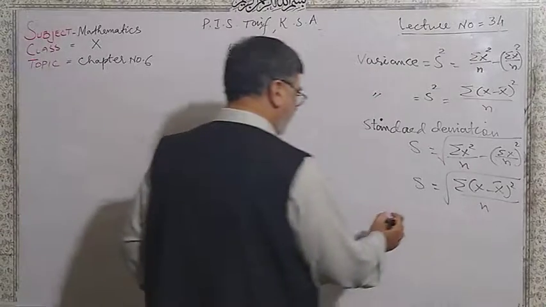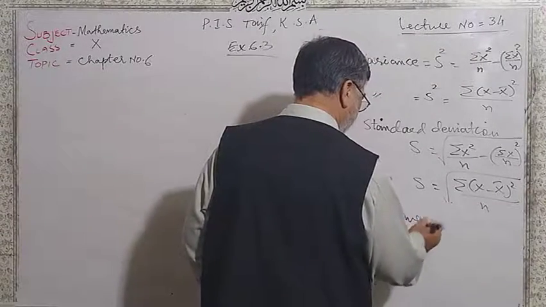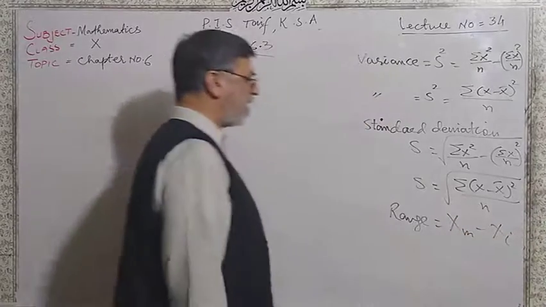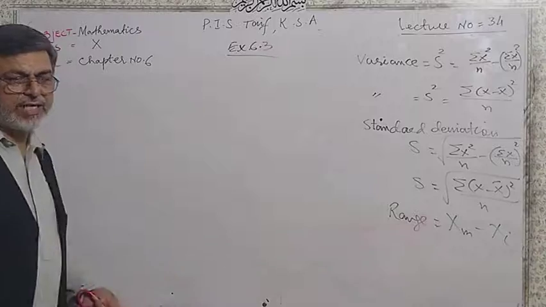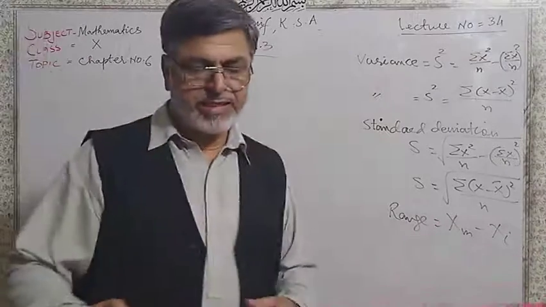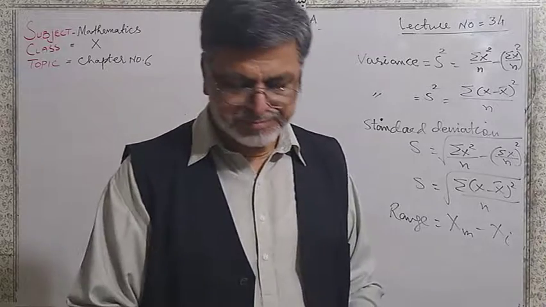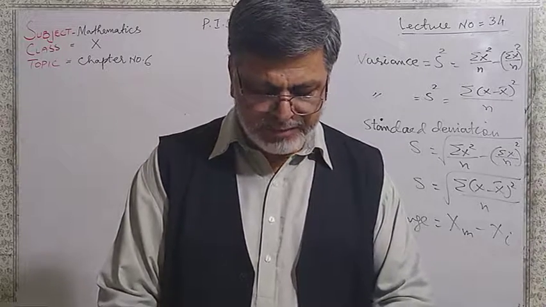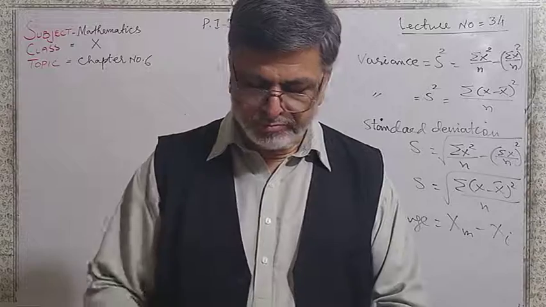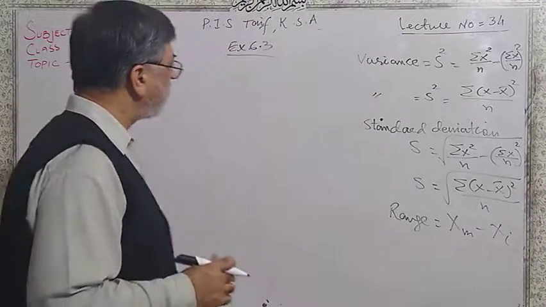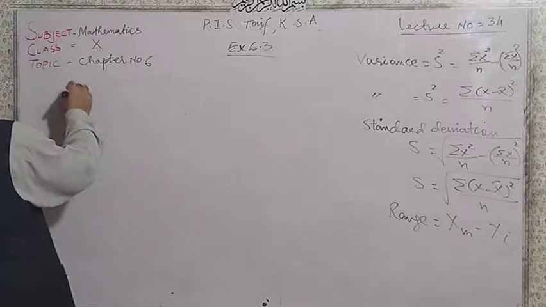Dear students, after that we have range. Range means maximum value minus initial value or smallest value. That is known as range. Maximum value and the smallest value. Here we have Exercise 6.3, question number 4.